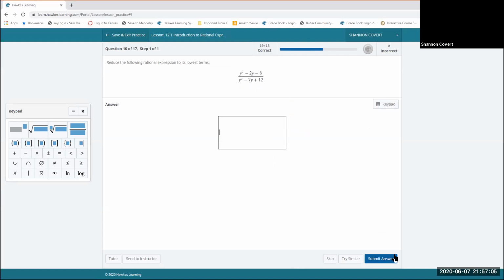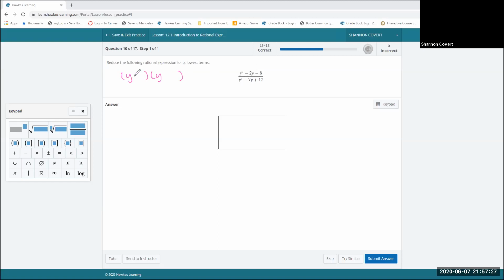Reduce the following rational expression to its lowest terms. So factor numerator, factor denominator. So in the numerator, I have y squared minus 2y minus 8, no GCF, but I'm looking for two factors of negative 8 that when I add them together give me a negative 2.